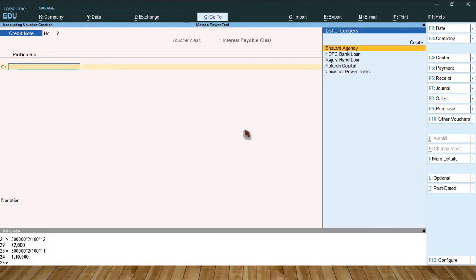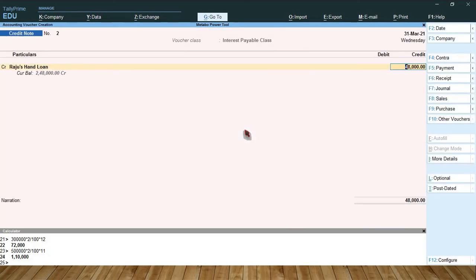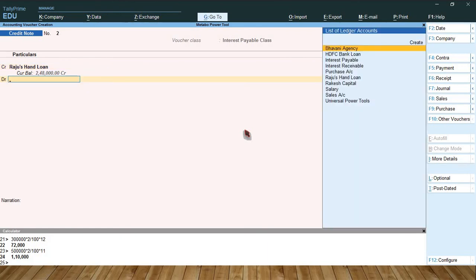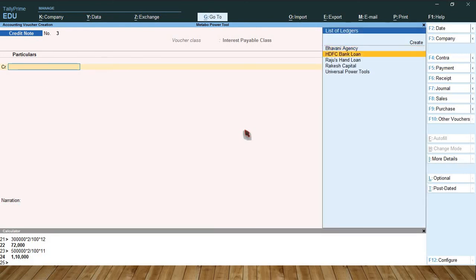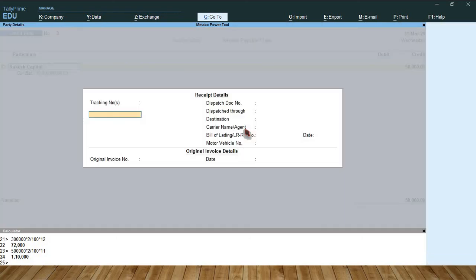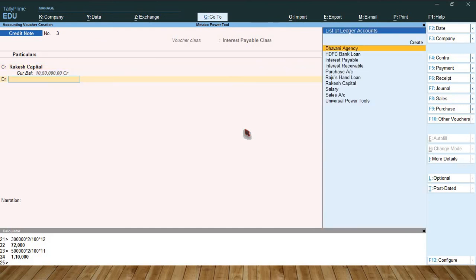Accept. So next one, Raju's hand loan. So 48,000. So interest payable ledger. So select next ledger, Rakesh Capital. So Rakesh Capital, total 50,000 interest.